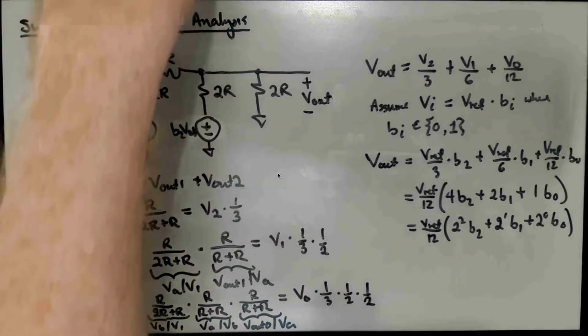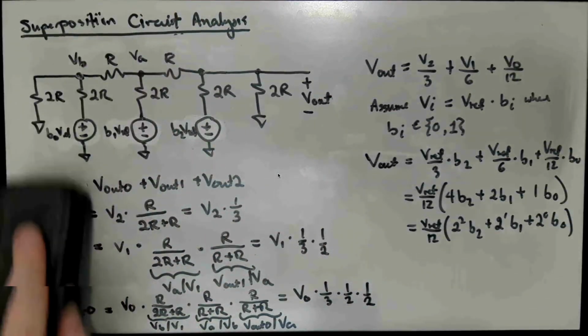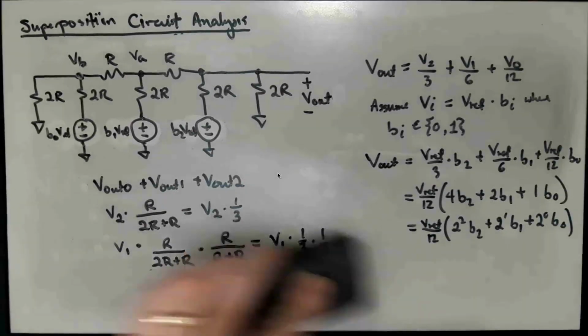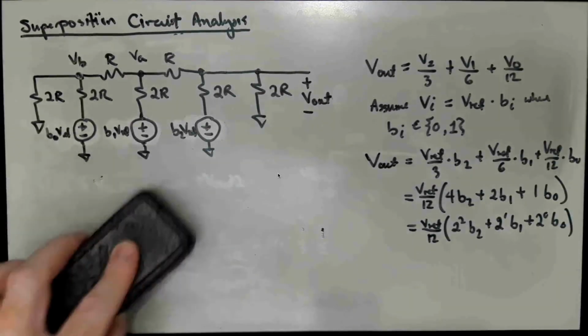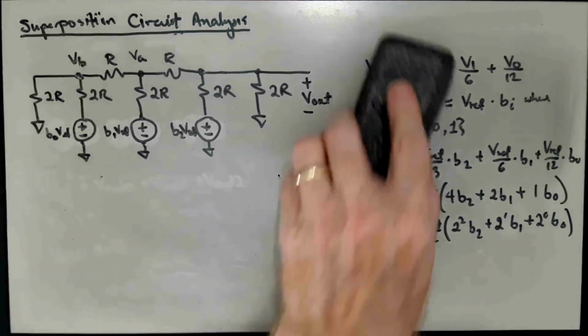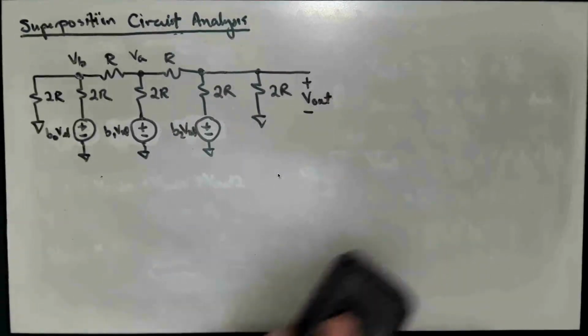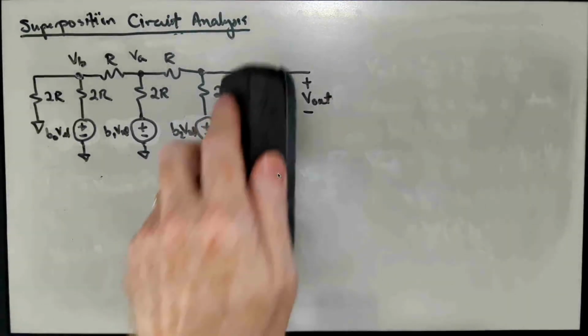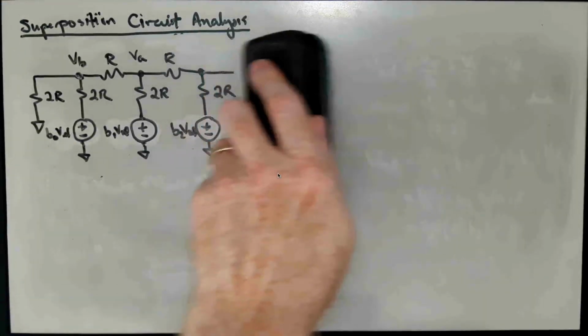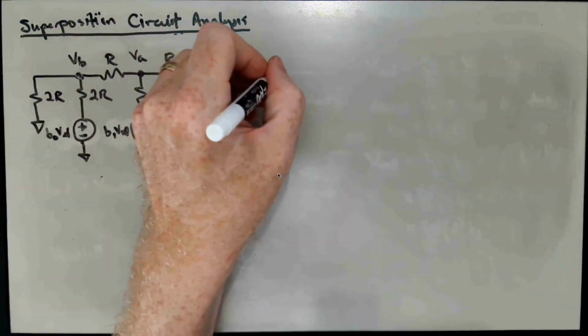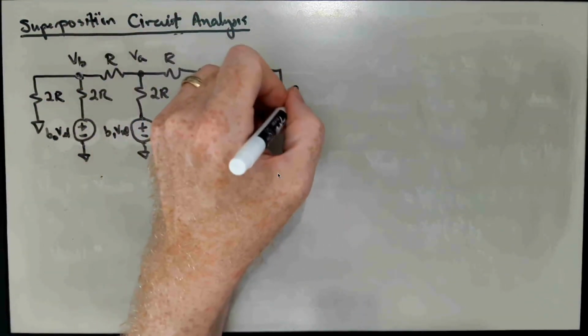So just to make that explicit, if I wanted to extend this to, let's say, 4 bits, how would I do that? Well, I would erase that and replace that terminal structure with an R. We have a 2R.